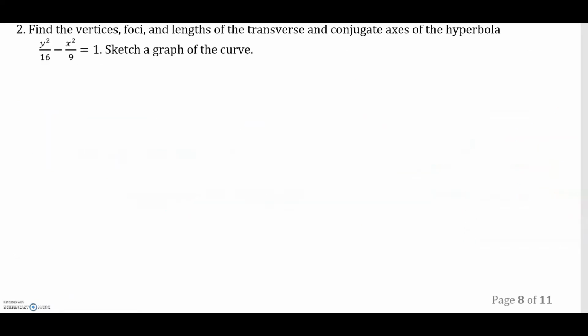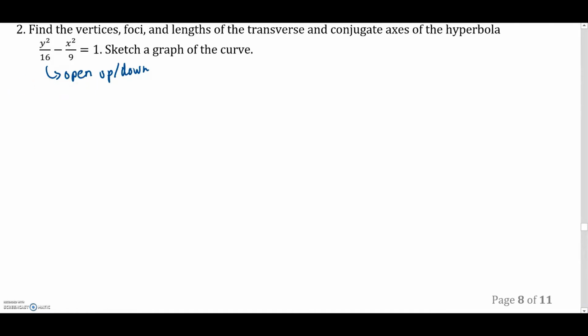Question 2 says to find the vertices, foci, and lengths of the transverse and conjugate axes of the hyperbola y squared divided by 16 minus x squared over 9 is equal to 1. Notice in this case our hyperbola will open up or down. The positive squared term is the y variable, and the negative is the x variable, therefore it opens up, down.